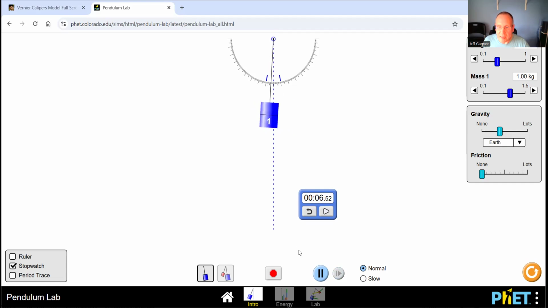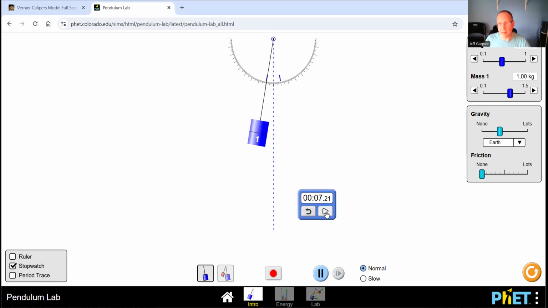Then to reset this, hit pause again, go back to 10 degrees, hit the reset on the timer here, hit play, and adjust the length because now we need to do a different length. Let's say it's 50 centimeters now. Then I hit play again and count the time. 1, 2, 3, 4, 5.